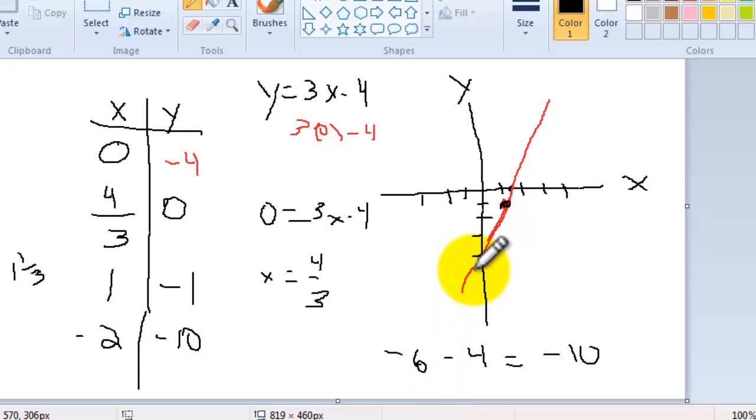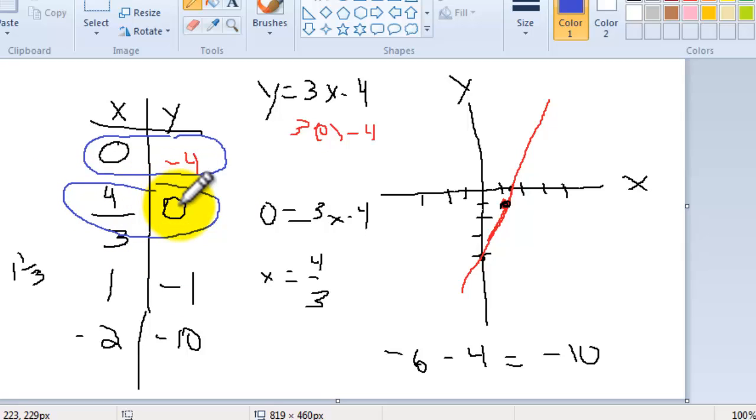All right, but the x-intercept and the y-intercept are special points. The line will cross the y-axis where x is 0. The line will cross the x-axis where y equals 0. And that's sort of the bottom line.